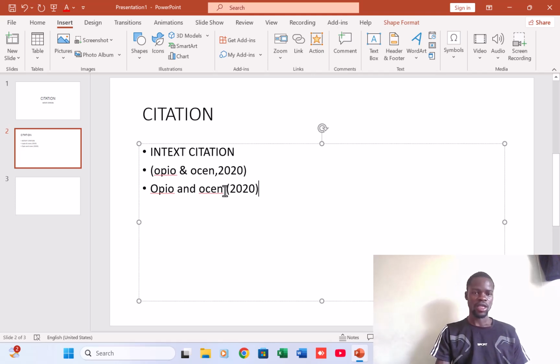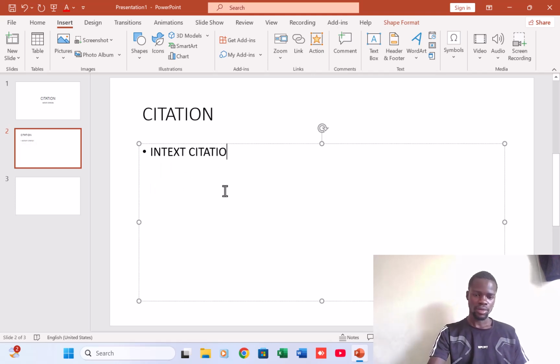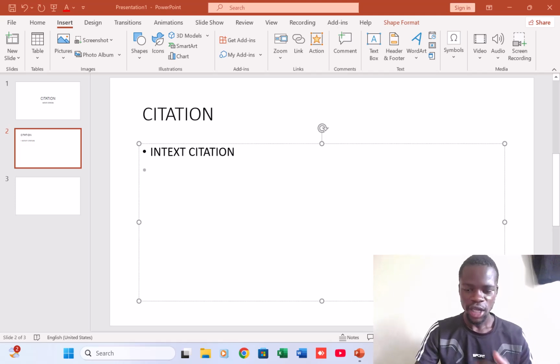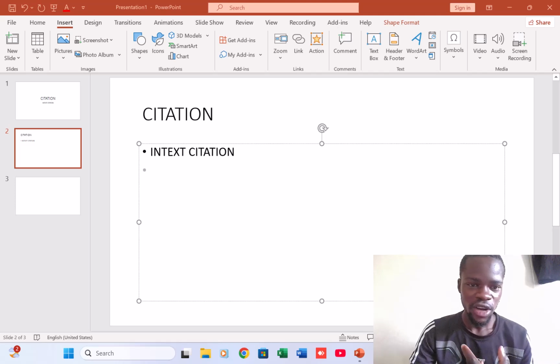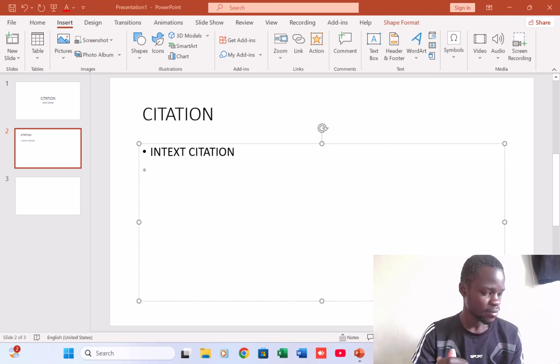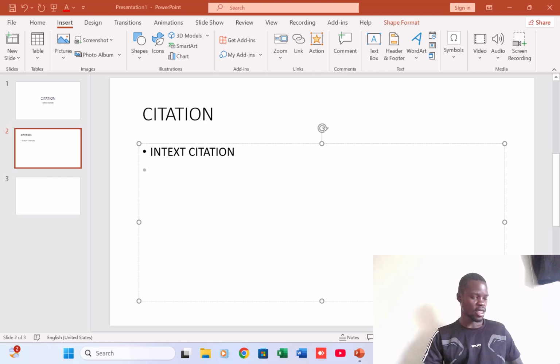That's two authors. But when there are three or more authors, you mention the first author and use the words et al.